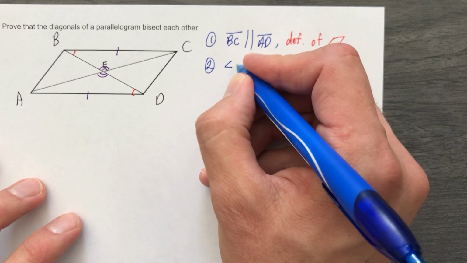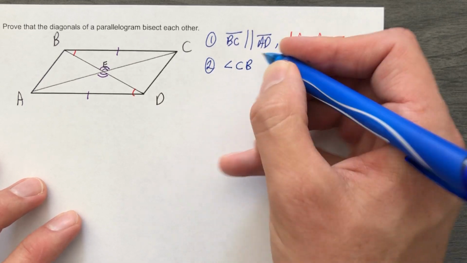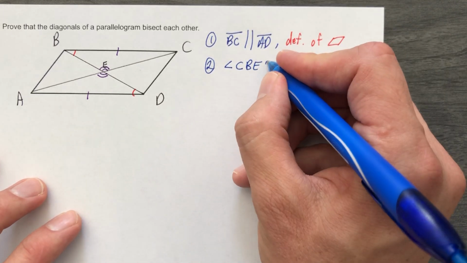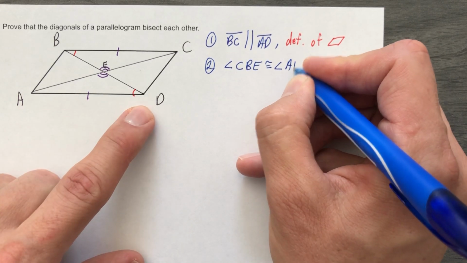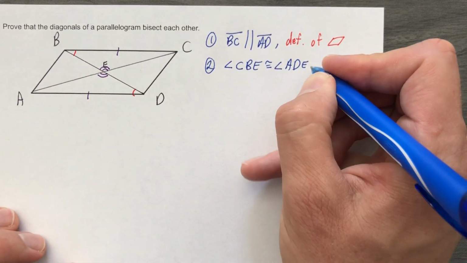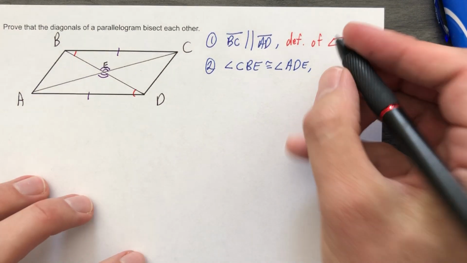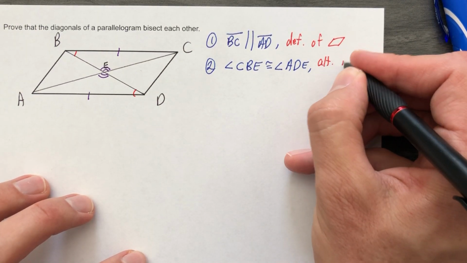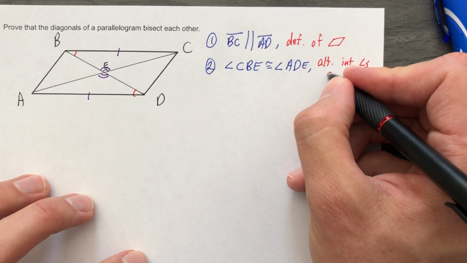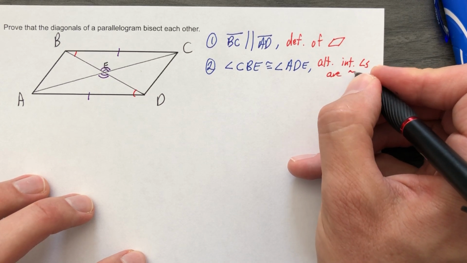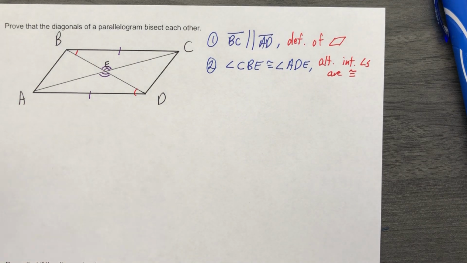I know that angle CBE, we'll use the E, is congruent to angle ADE. I know that because alternate interior angles are congruent if you have parallel lines, okay?